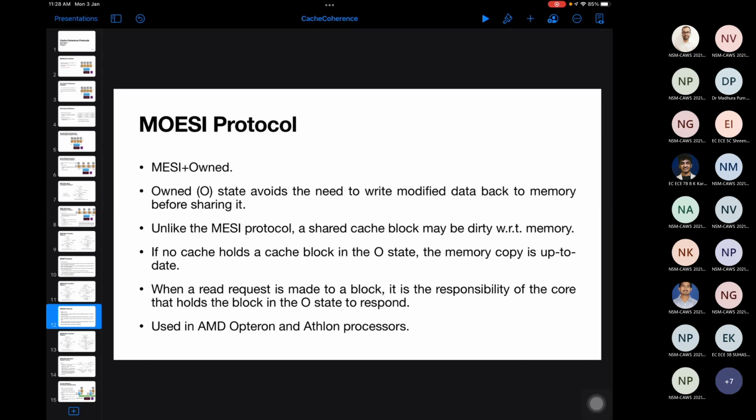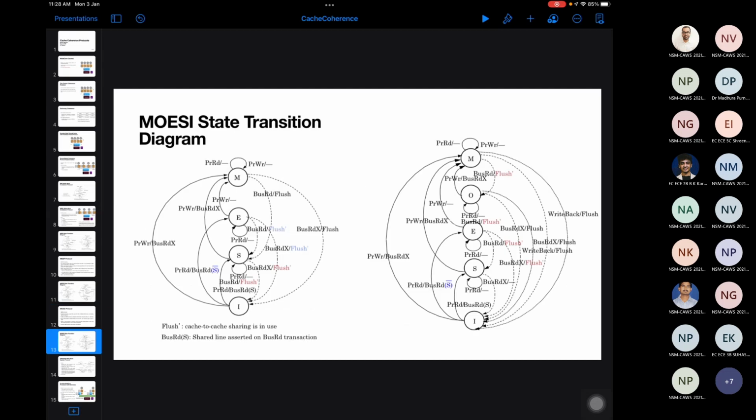Now if you see the state transition diagram, again for MESI and MOSI, all I've done is add the O state. Now you can see only those changes. I have a block in modified state and some other core requests the data for a read operation.